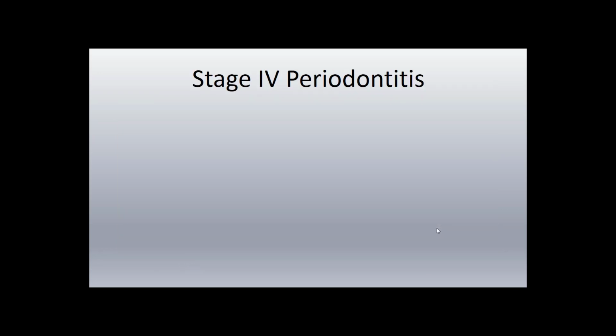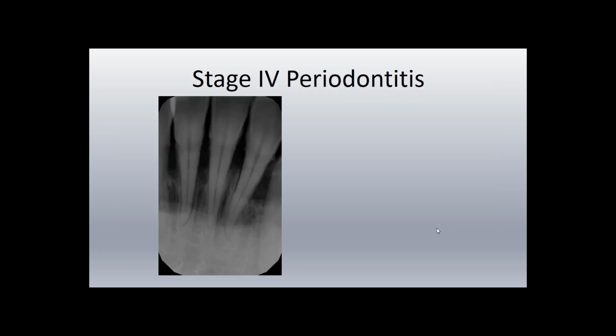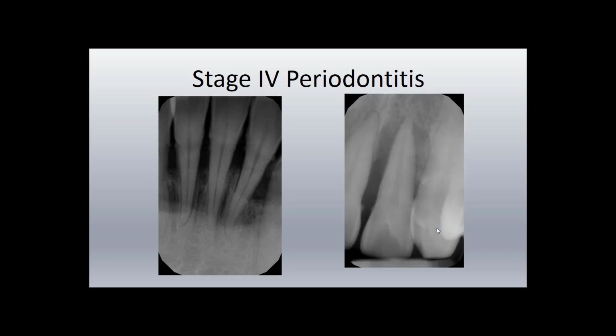Stage 4 periodontitis. Remember, most of the descriptors for stage 3 and stage 4 are very similar. The biggest difference in these two would be that in stage 4, this patient has lost more teeth or has the potential to lose more teeth due to their periodontal state. You notice here on the incisor that there is a lot of bone loss, advanced bone loss into the apical third.